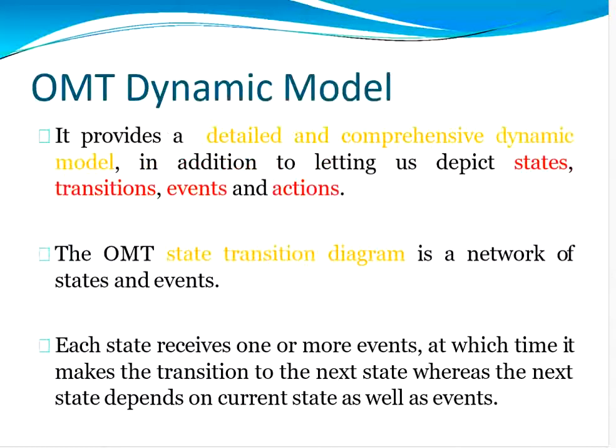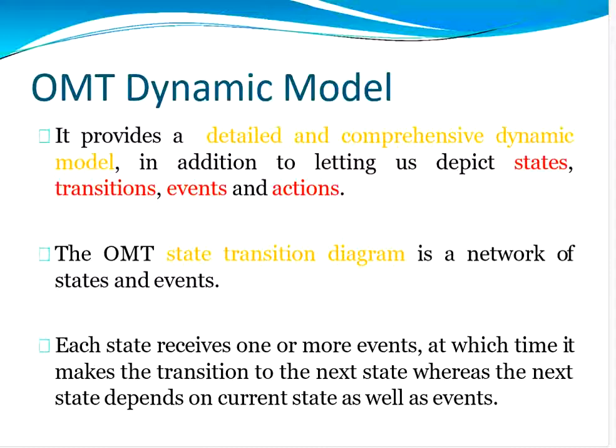The second model we have to discuss today is the dynamic model. This dynamic model provides a detailed and comprehensive view. In this we use states and transitions, events and actions. It is represented by using the state transition diagram, which is a network of states and events.